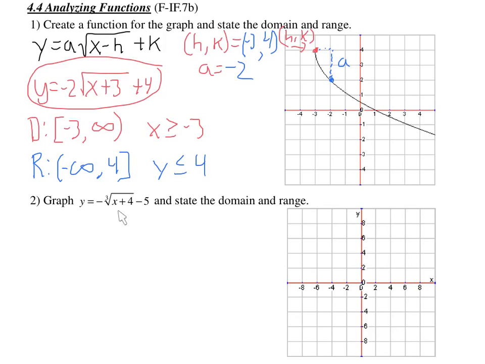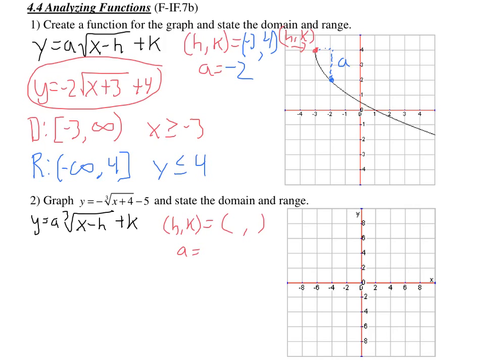Now, for a cube root, let's find h, k, and a. Actually, before we even do that, can we write it as this? Just so you have it written out nicely. Write that down. Then we're going to find h, k. What's that coordinate and what's a?